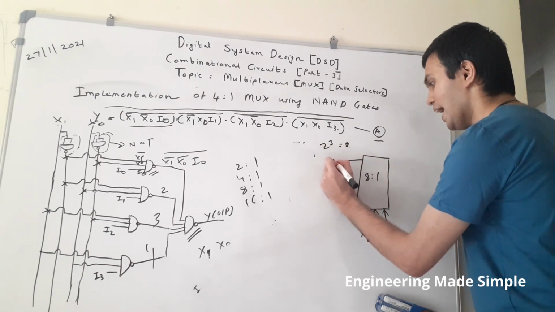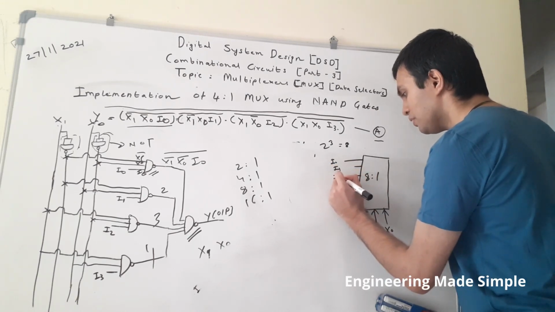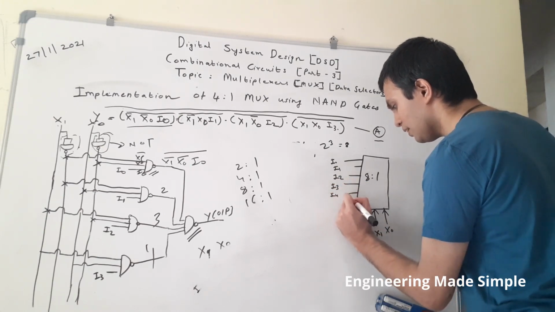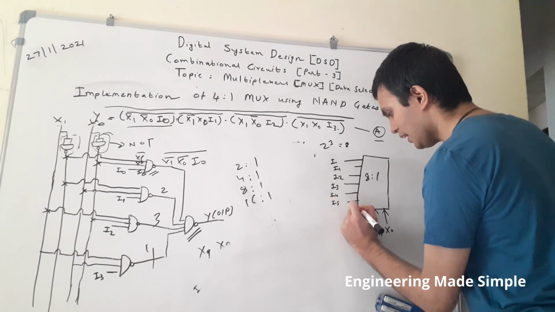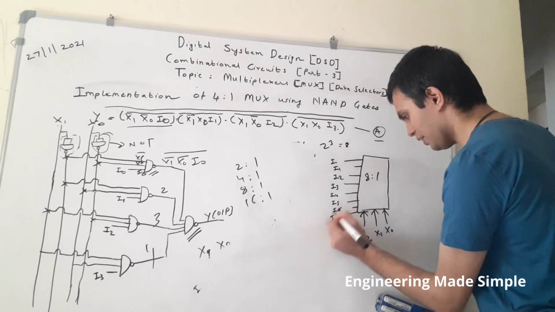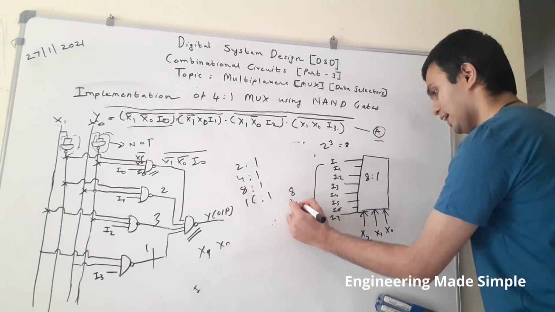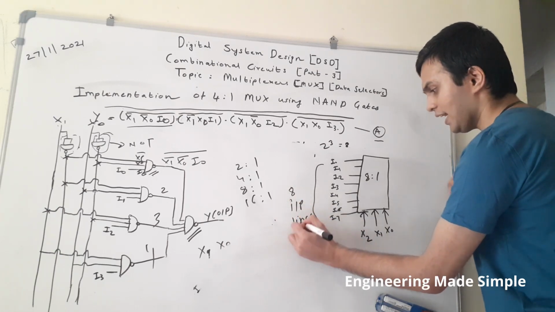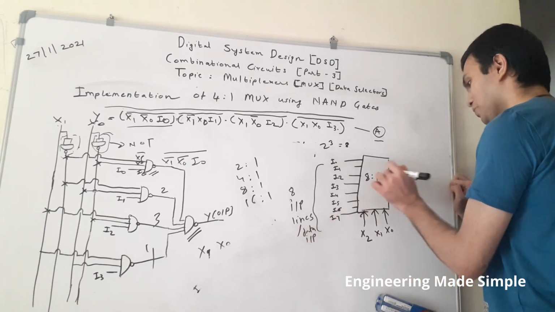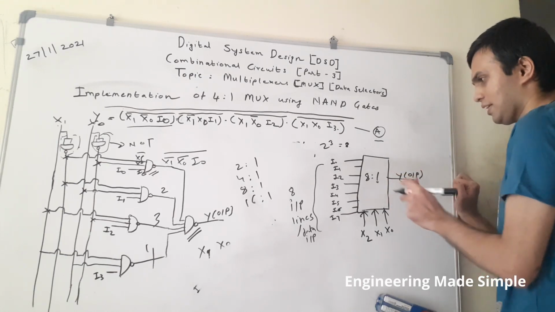So it would be I0, I1, I2, I3, I4, I5, I6 and I7. So there are 8 input lines or data lines in this case. Input lines are also known as data inputs. And one output is there. So this is how your multiplexer circuit will be.